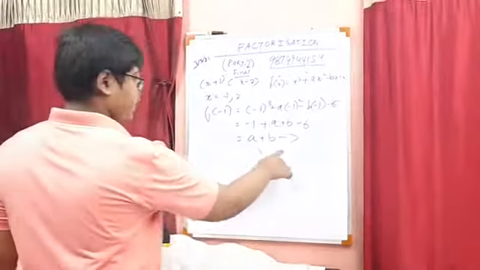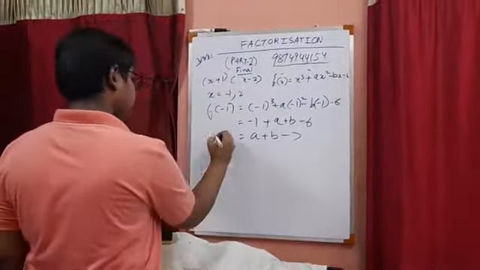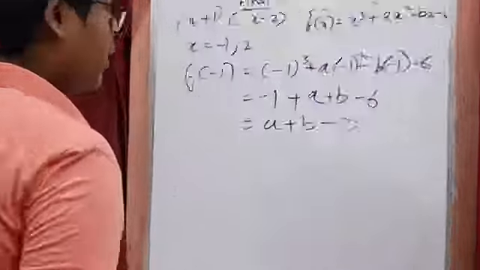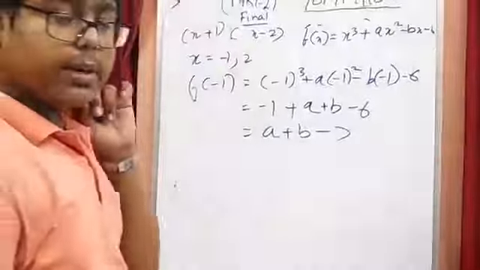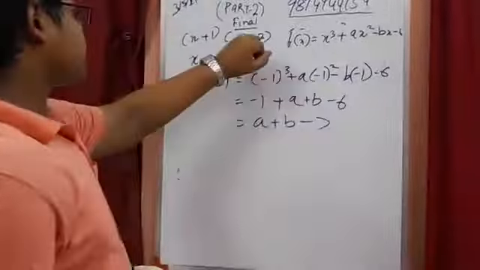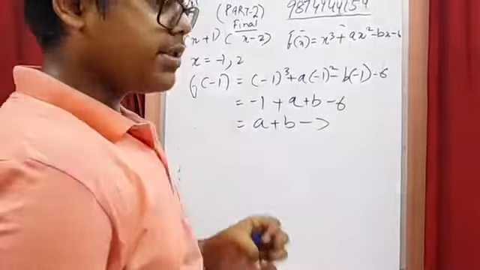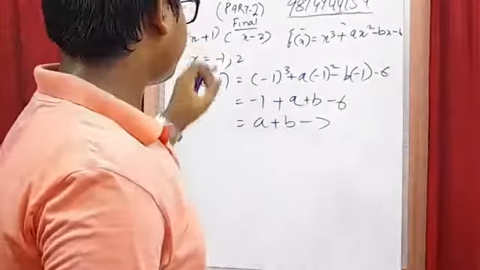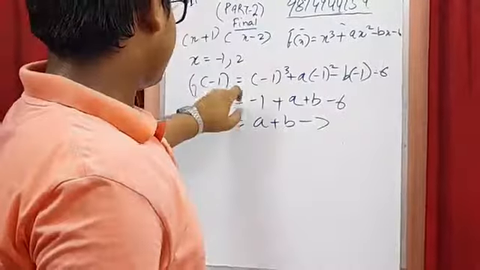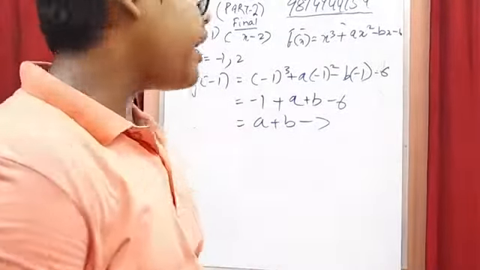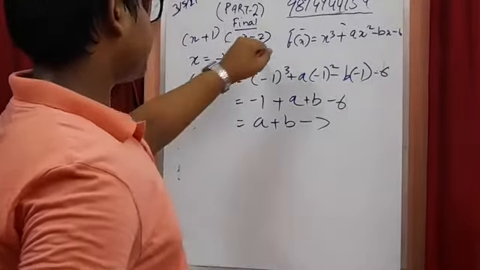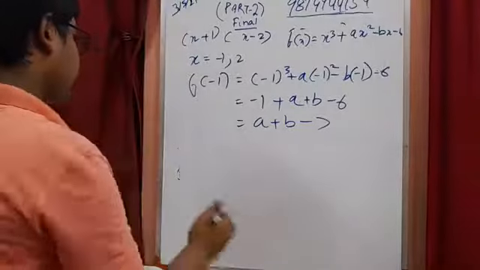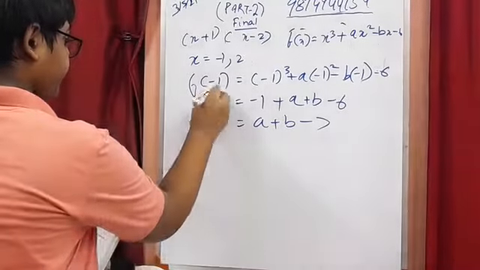And a plus b minus 7 is f of minus 1, using the factor theorem. If we have been given that this is a factor, since we used to prove it that f of minus 1 is 0, then by the question it is given that x plus 1 is the factor, therefore f of minus 1 is equal to 0 itself.